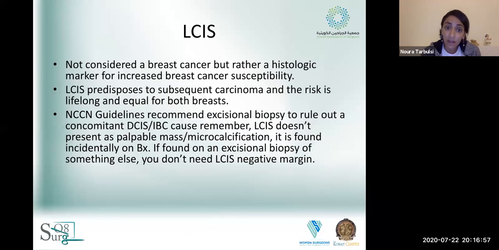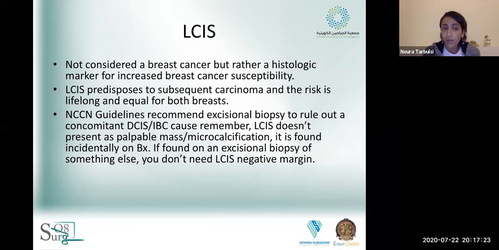The NCCN guidelines recommend excisional biopsy to rule out adjacent DCIS or invasive breast cancer. The point with LCIS is that it's not seen on mammography. So if you do a mammogram and the radiologist tells you that she sees microcalcification, you take a biopsy through image guidance, and then the pathology comes back as LCIS.